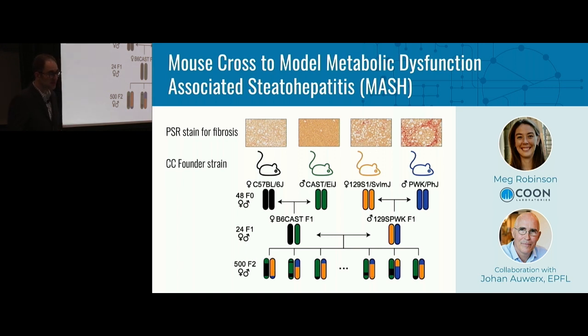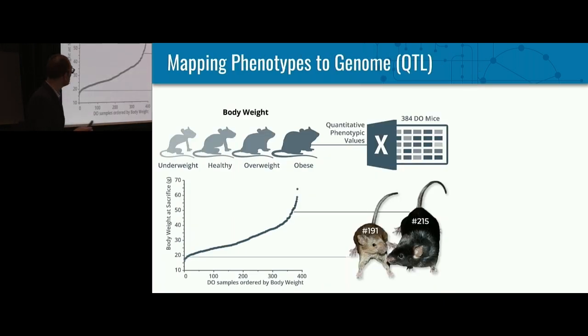And what we want to do is take the liver from the 500 animals, and we're going to do liver proteomics. And the idea is that we will ultimately do QTL mapping. So I'm showing you any quantitative trait, and in this case, just for simplicity, we're going to think of body weight. So all these 500 mice have a mass, and we can just weigh them, and you can see a distribution in body weight.